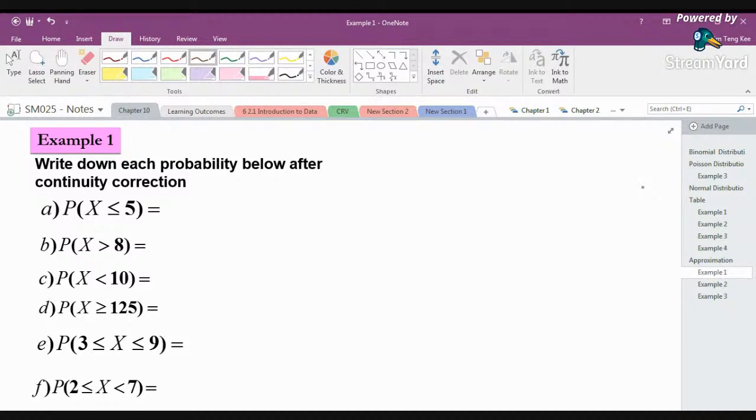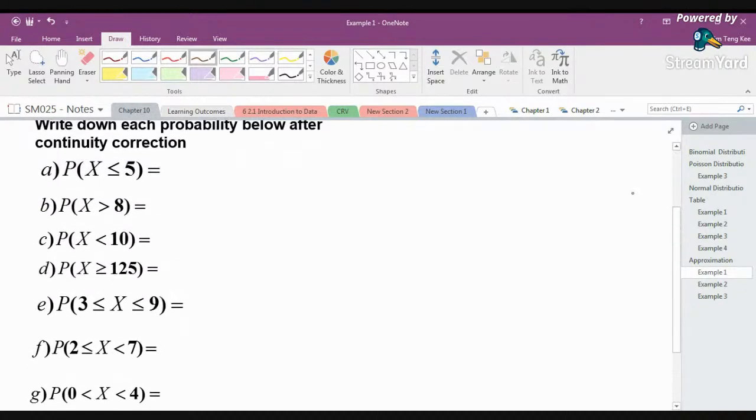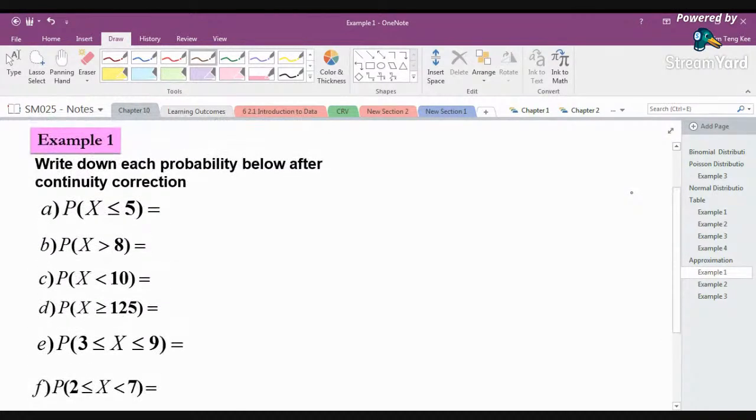But here, I'm not going to refer to that, but we go directly to example 1 that you see on the screen here, the 8 sub questions. And we begin to learn how to do continuity corrections for each case, according to the idea I'm going to deliver to you.